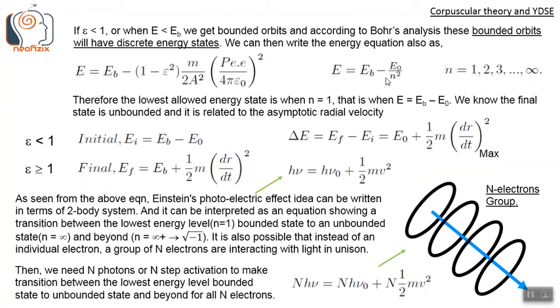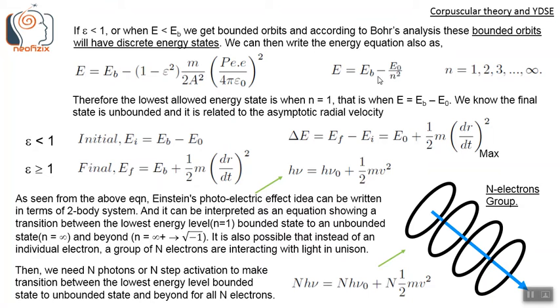So these are the allowed discrete energy states according to Bohr, where E naught is a constant equivalent to this with A equals h bar. So if we put epsilon equals 0 and A equals h bar, we get this value E naught. And E is Eb minus E naught by n square. And the lowest allowed energy state, that is the energy state when angular momentum is just h bar, A equals h bar, is when n equals 1 here.